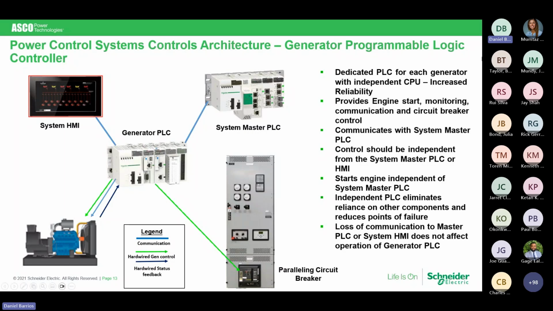Loss of communication to the PLC or the system HMI does not affect the operation of the generator. Let me touch on that right now. If I lose my master PLC, I am still going to start the generators. I am still going to parallel the generators.